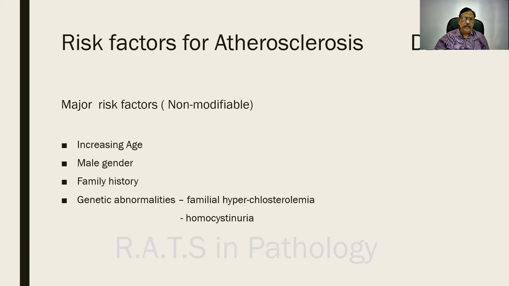Family history, similarly, there are some conditions wherein you will be having increased hypertension, increased risk of atherosclerosis, etc. And genetic abnormalities, for two particular conditions alone we shall remember. One is increased cholesterol, familial hypercholesterolemia, and another is homocystinuria. These are the two conditions. These are all the major risk factors which are non-modifiable.